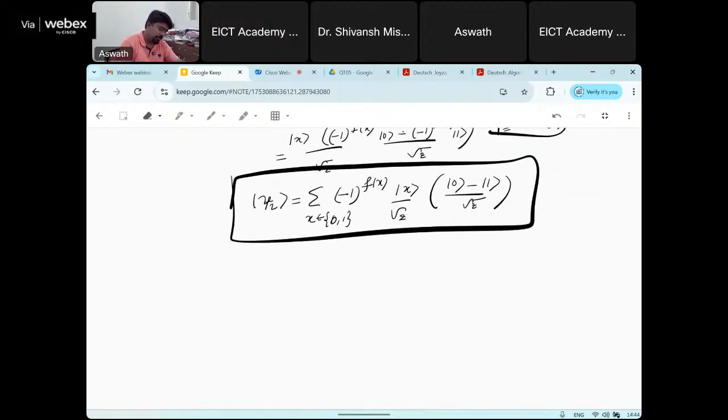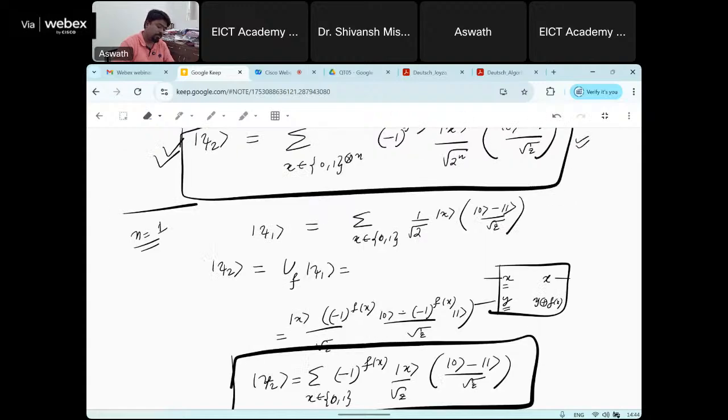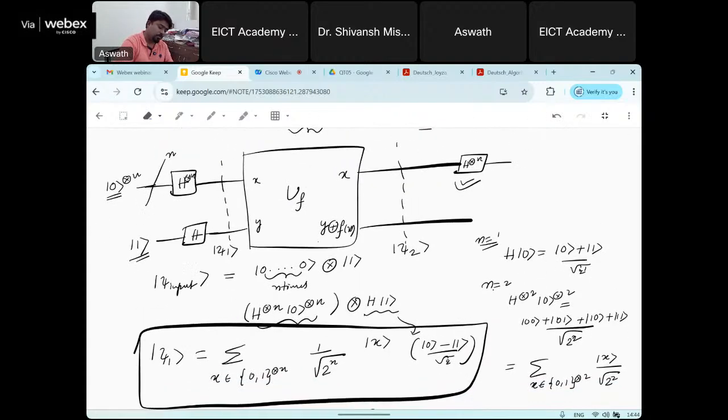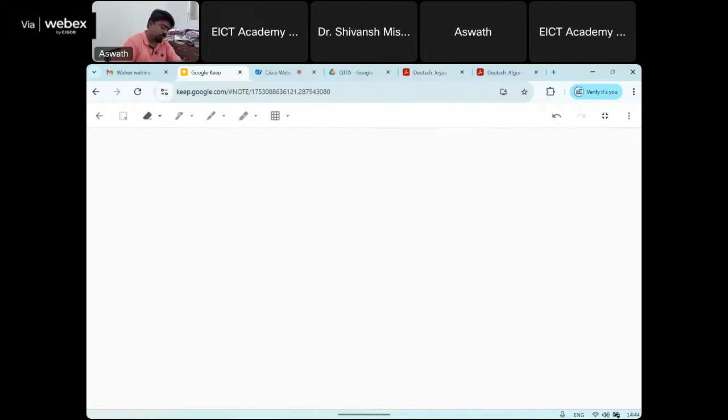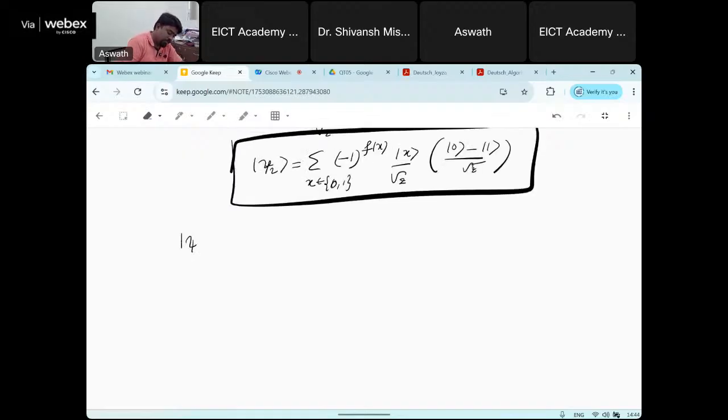I want to find psi 3 now. After the query register Hadamard, I will get psi 3. So psi 3 is the n Hadamards acting on psi 2, or you can also say Hadamard tensor identity on psi 2.